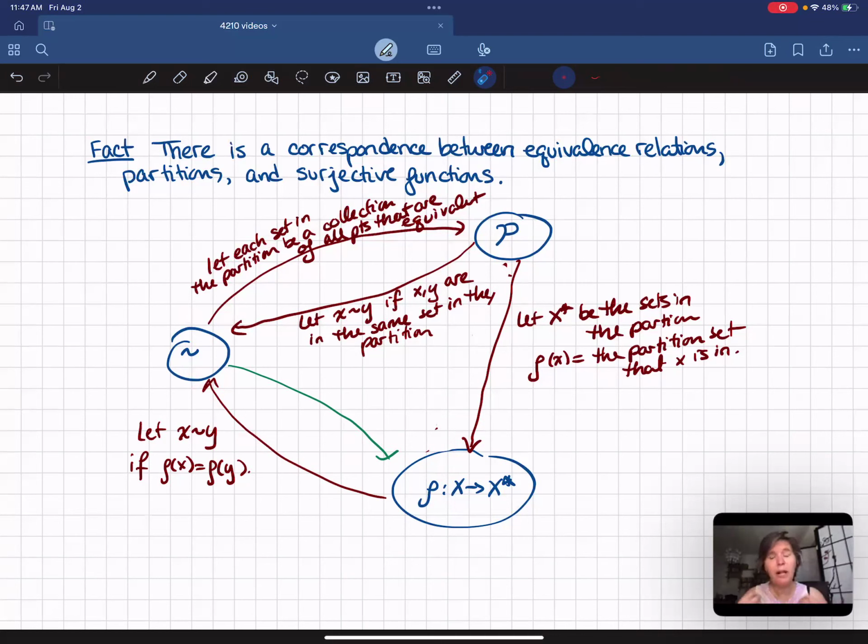And in the topology class, we are going to use all three ways of thinking about these things. The definition of a quotient topology uses this idea of surjective functions. But oftentimes when we're informally talking about quotient topologies, we talk about gluing or identifying. So gluing is like an equivalence relation.